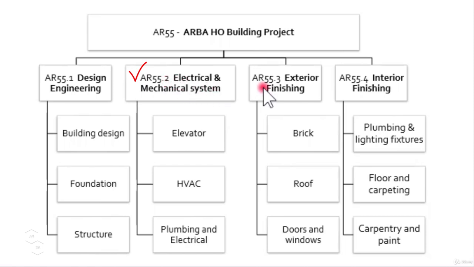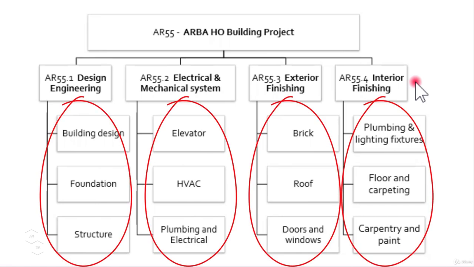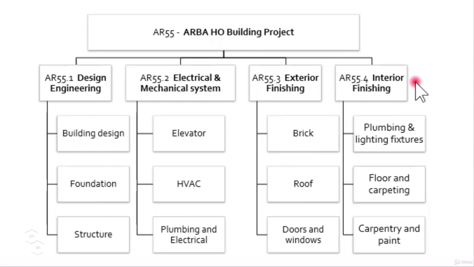Then we have the third phase, which is AR55.3, exterior finishing. And after that, we have the fourth phase or section, called AR55.4, interior finishing. Now, every phase is further divided into 3 work packages or WBS elements. The first phase is divided into building design, foundation, and structure.